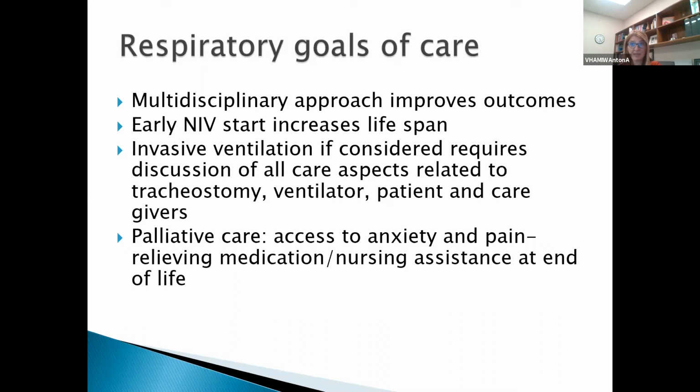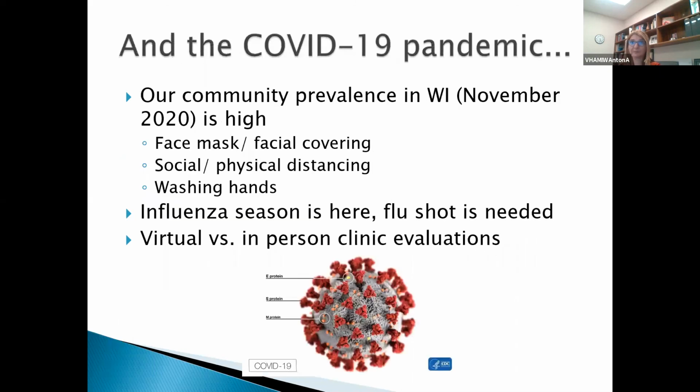Invasive ventilation, if that is an option that is considered by our patients, and I would say in the United States, we have less than 1 in 10 patients that do end up undergoing tracheostomy and invasive ventilation. It's a thorough conversation that covers the tracheostomy placement, the ventilator, the patient, and their caregivers. And it's also important to talk about palliative needs, so the patients have access to medications that control anxiety and pain.